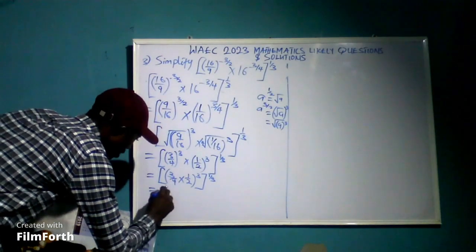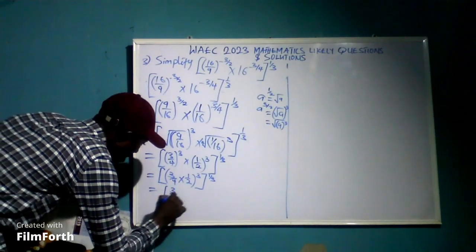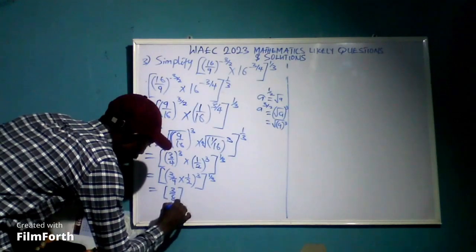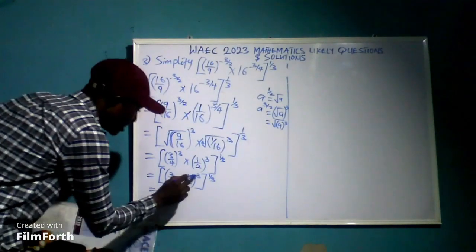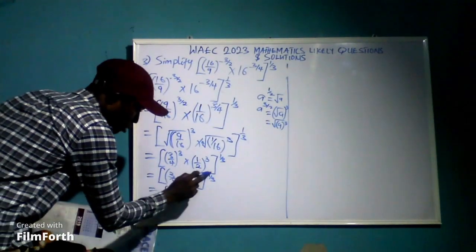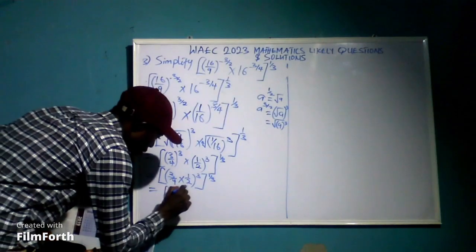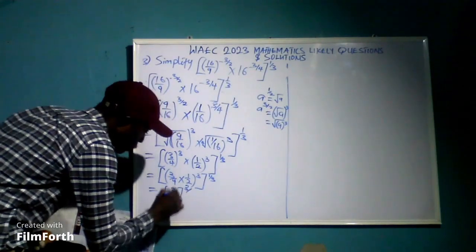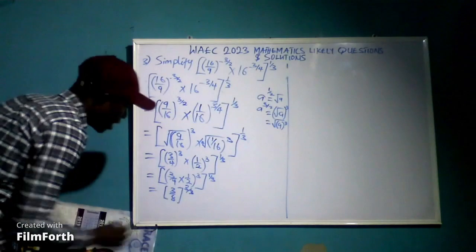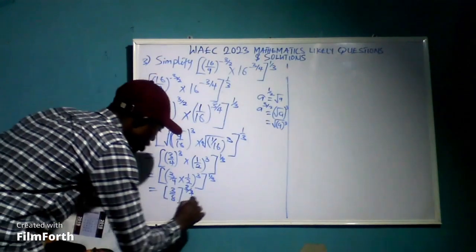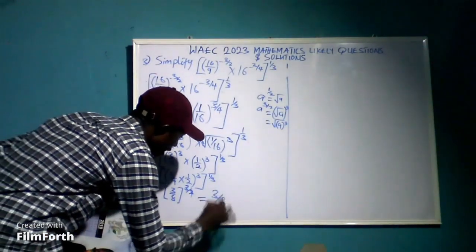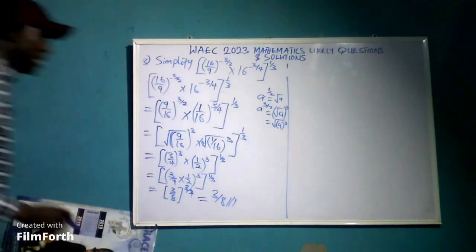That will be 3 all over 8, everything put into brackets. This power will come out and multiply this, so that you have 3 over 3, and 3 will cancel 3, so that your answer will be 3 all over 8. That's the final answer. You get it?